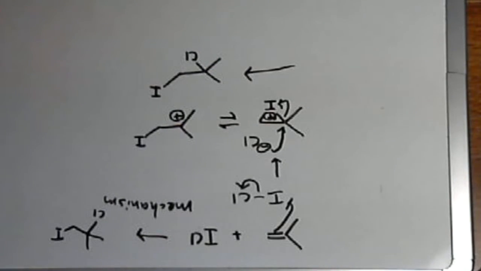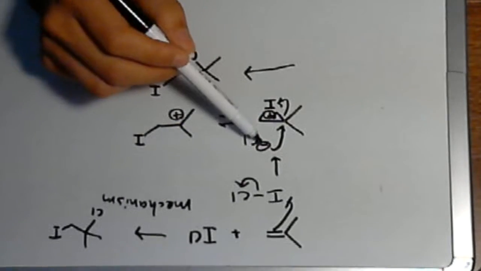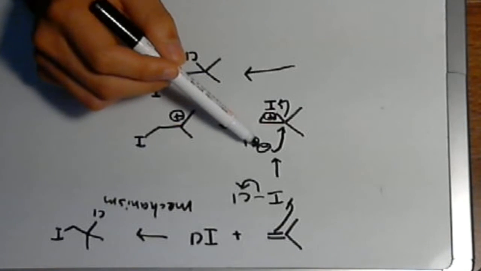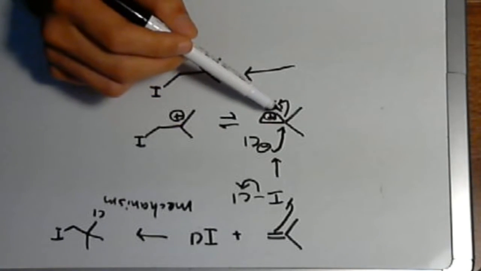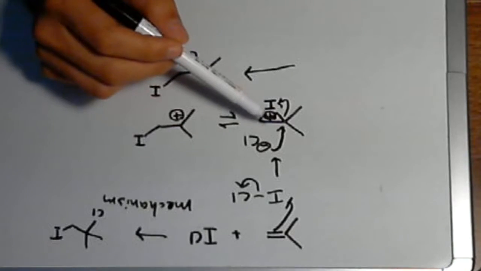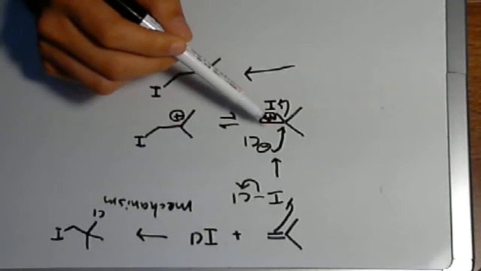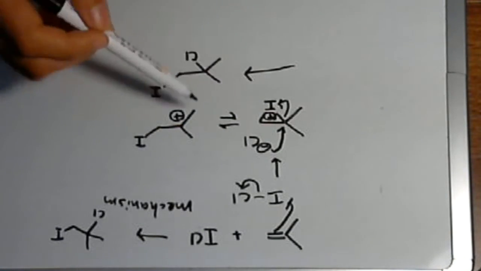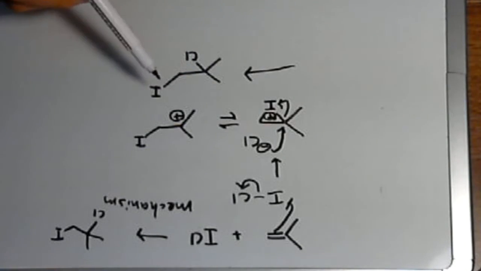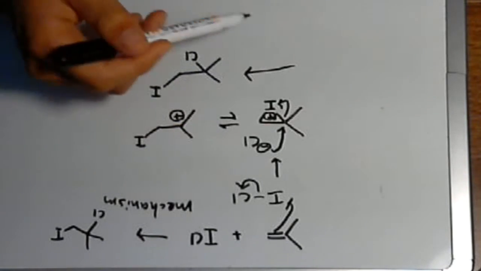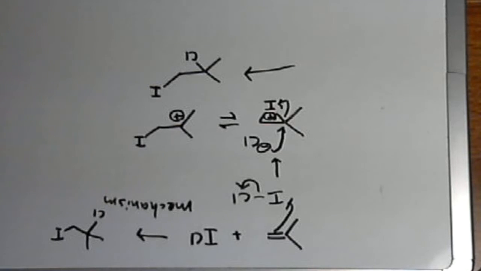Tertiary carbons have more positive character, and nucleophiles, the Cl minus, are going to want to attack the carbon with the most positive character, in other words, the best electrophile. And if we follow those general rules, that's going to bring us to our product, and this is the correct mechanism.